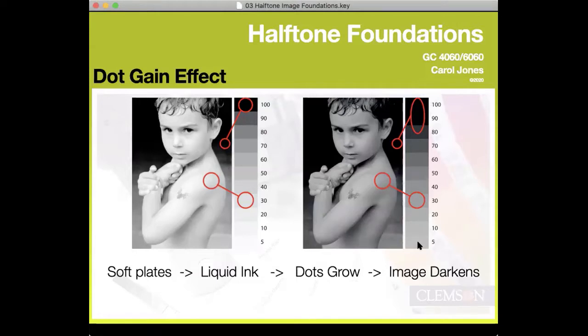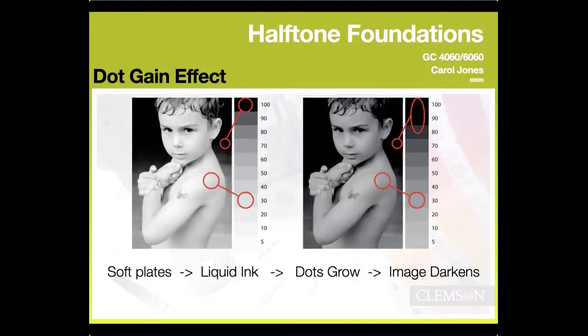If we can hold a 1 or 2% dot on our plate, that dot will gain to a 12% on a narrow web press. If we're talking about an analog roll that takes on and delivers a lot of ink to the plate, we could have a 2% dot that prints as like an 18% dot.